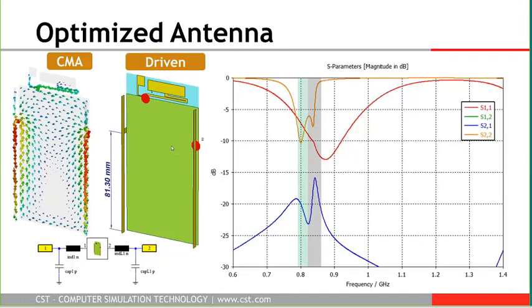Finally, we can put an excitation at an optimal length of this arm, and this time there is no need for any coupling elements, because we have available a strip with a high current intensity, and we can just put a port on the strip which has a high current.